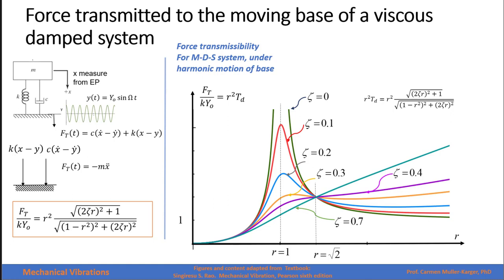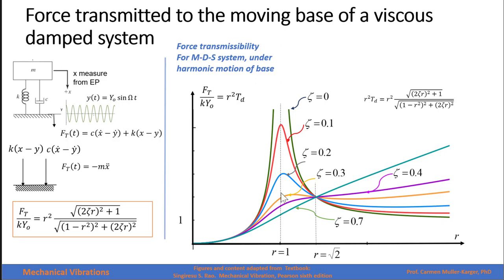This is what is called force transmissibility, and is r squared times the transmissibility factor that we already graphed before. But as you see, it changes in the sense that for r equal to 0, the values for this factor are equal to 0. That means if we don't have frequency in our displacement, we don't have force transmitted to the base.